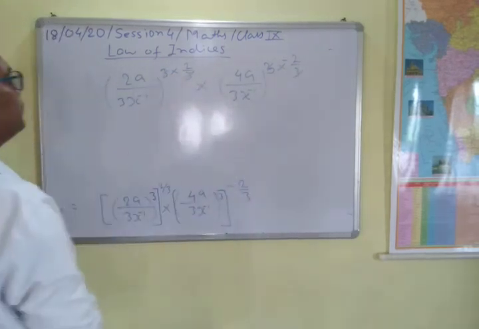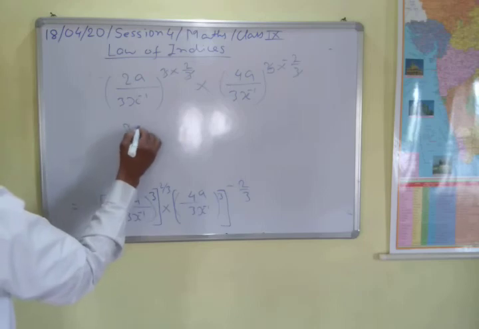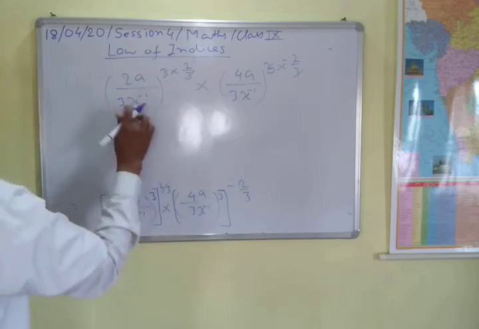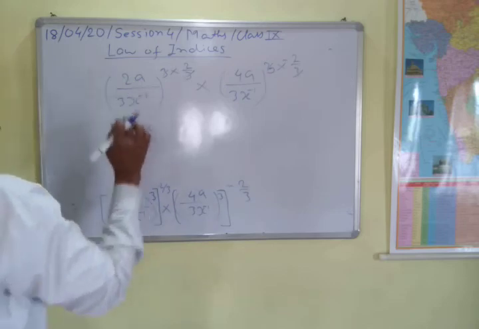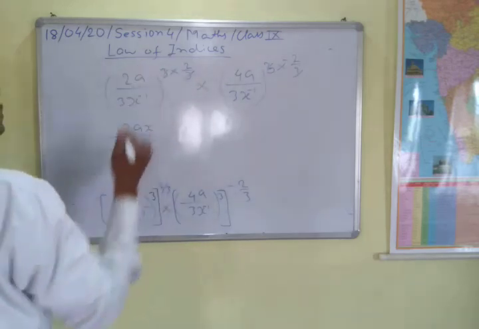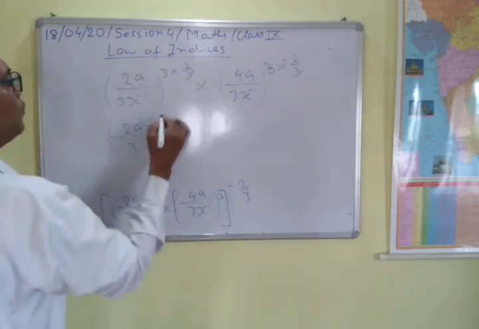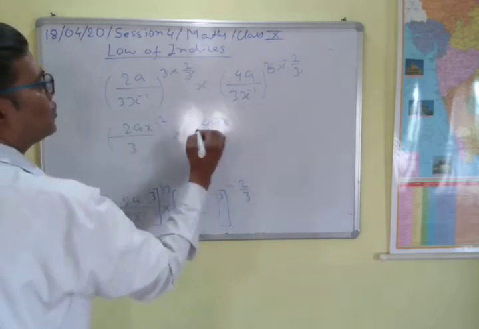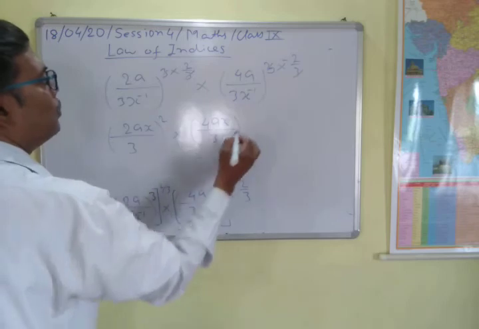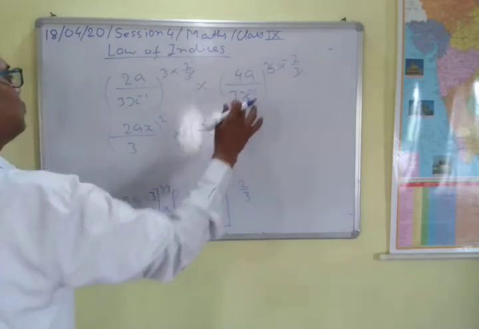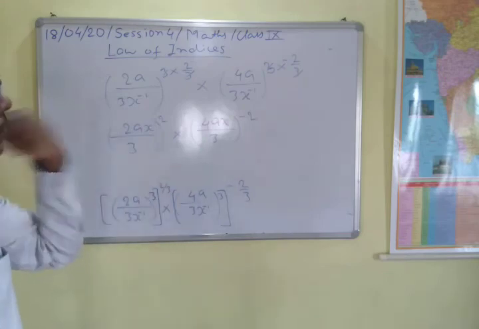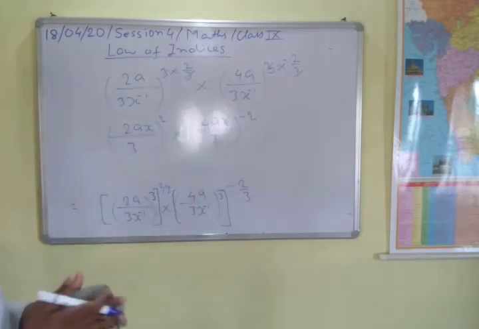Then we have 2a by 3, right here x, because the power of x is minus 1 here, so you can take x to the numerator and it will be 2 into here also 4a x by 3 to the power minus 2. Because here x to the power minus 1 is there, so you can take this to numerator, it will be plus, the power will be here plus 1.